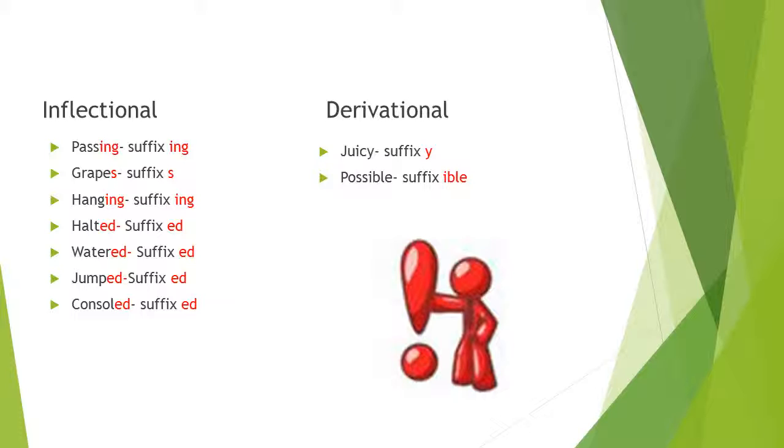And for the derivational morphemes, there were only two: juicy with the y suffix and possible with the ible suffix at the end.